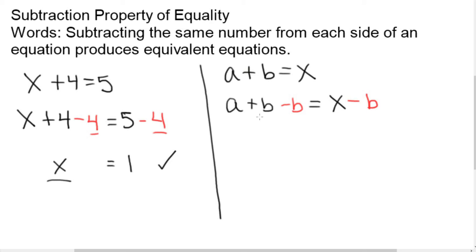And so I could subtract b, plus b minus b, that just gives me 0. So all I'm left with on the left side is a equals x minus b. We see that it's very easy when we're just dealing with numbers, but when we're dealing with variables, we need to know the rule. And so the subtraction property of equality will help you when you're dealing with variables especially.